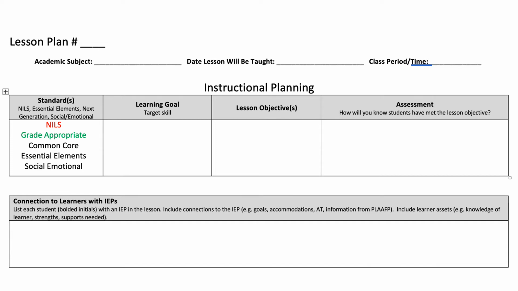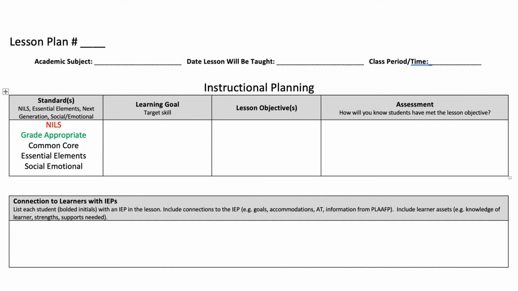To determine which set of standards are appropriate for you to use, please review the IEPs of all of your learners in the state assessment section of the IEP. Please check if any of your learners will participate in the DLM, or Dynamic Learning Maps. If any learners are required to take the DLM per their IEP, then you will utilize the Essential Elements of the Common Core.